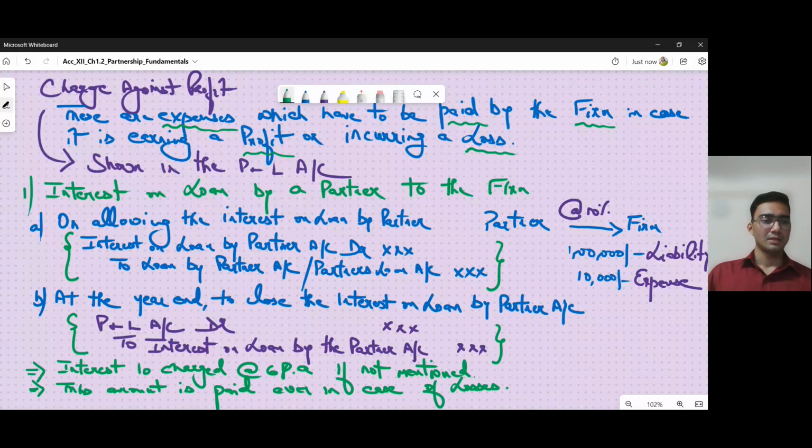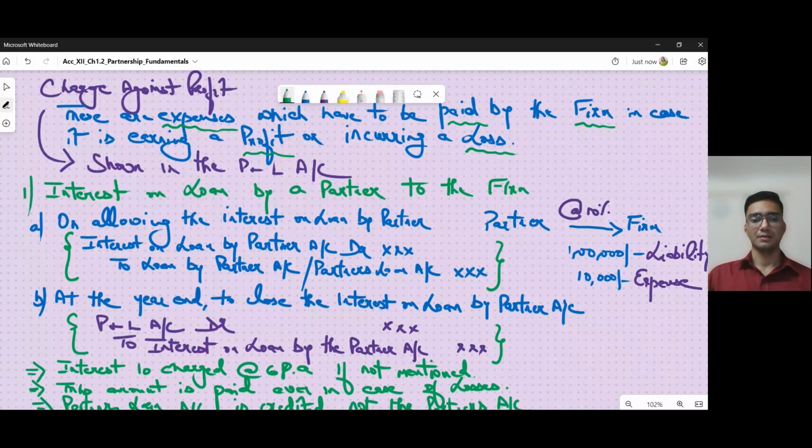Okay. Another point which I want you to note here is we have credited the partner's loan account, not the partner's account.